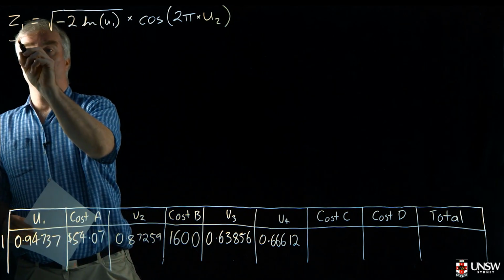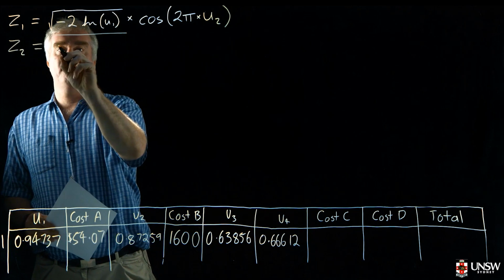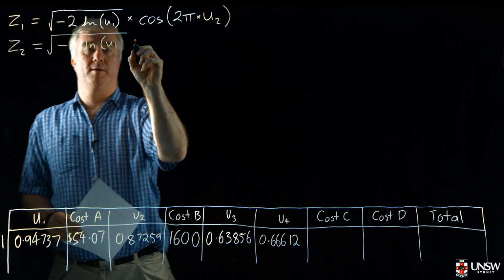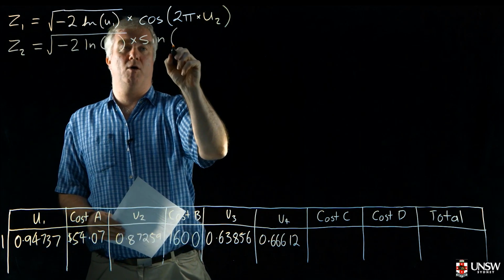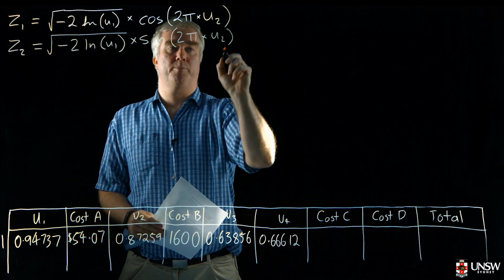And Z2, as before, equals the square root of minus 2 ln of U1 but this time we'll multiply it by the sine of 2 pi times U2.